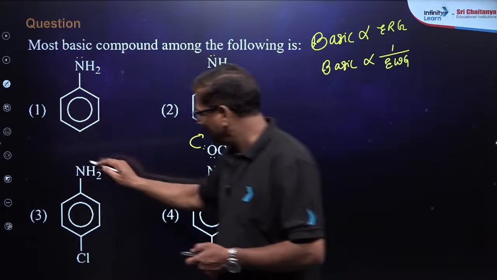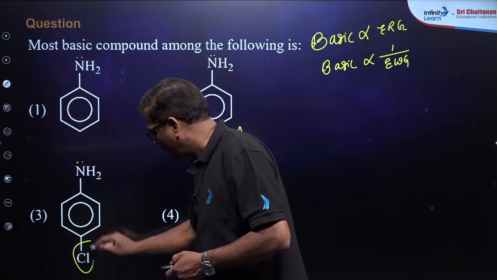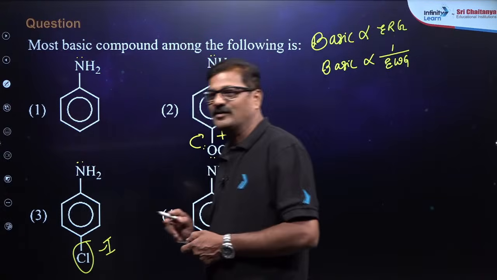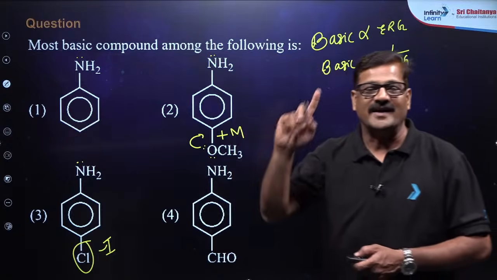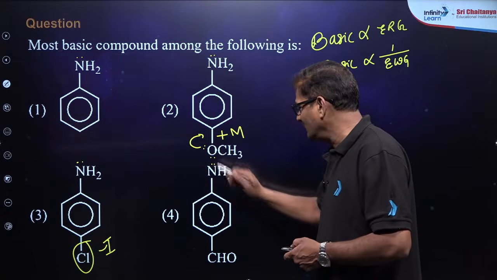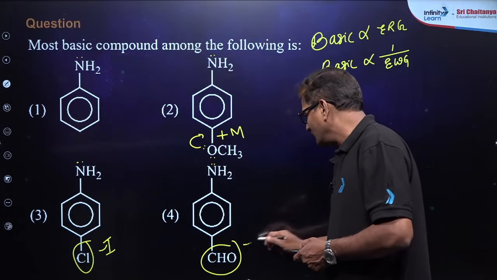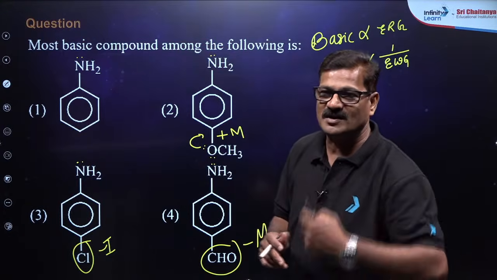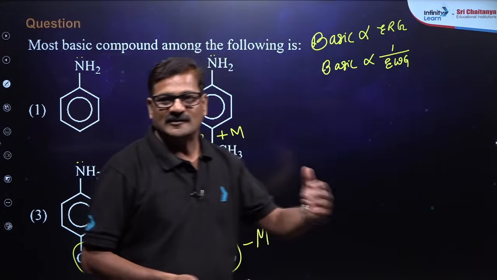Whenever halogens come, they are electron withdrawing groups, with a negative inductive effect and a negative mesomeric effect. So positive is electron releasing, negative is electron withdrawing.